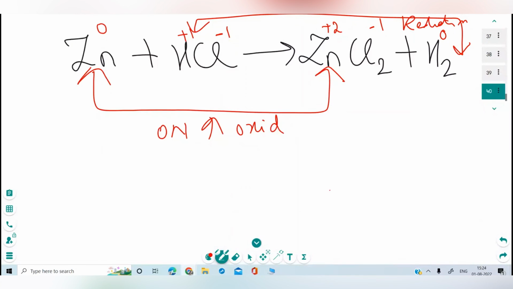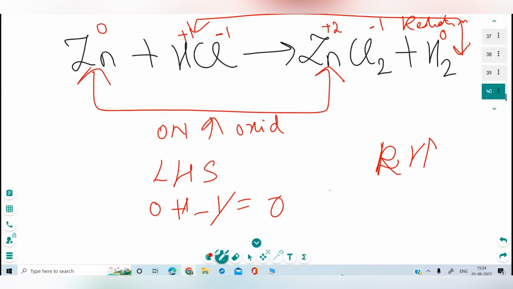Let's balance it afterwards. So it is 0, +1, -1 on the left. On the RHS, it is +2, -1, 0.